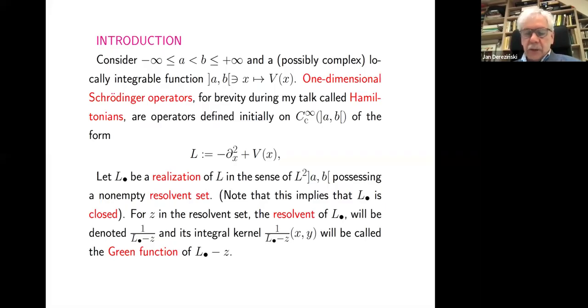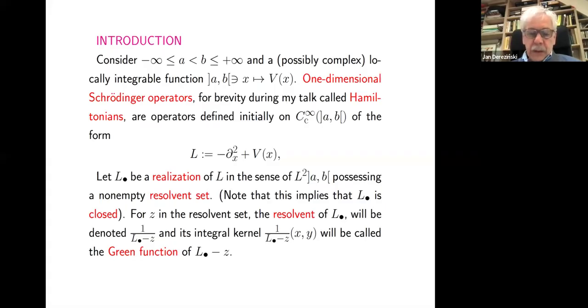Now, the potential can be complex. Usually in quantum mechanics one considers real potentials, but it is actually interesting to see that the theory with complex potentials is almost the same.